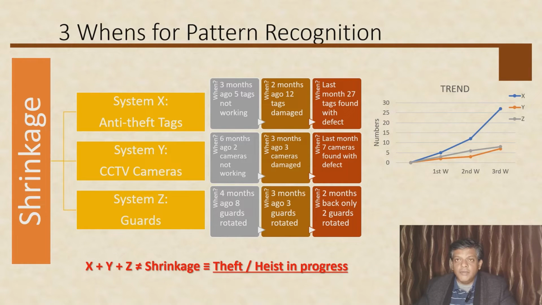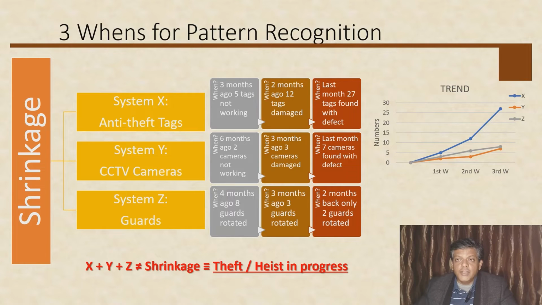Now, when you apply the three events for pattern recognition, you need to ask these three events to each of these control methods or systems to spot the deviation, identify a particular pattern, and establish a trend in order to reach any logical conclusion. So let's take up system X first, the anti-theft tags.